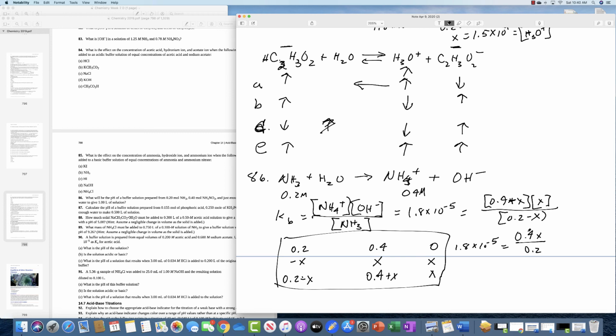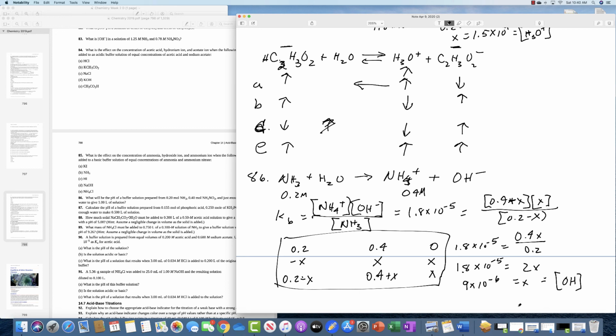Now we can just call this 2x is 1.8 times 10 to the minus 5, right? Because 0.4 divided by 0.2 is 2. And then we divide both sides by 2. This is now going to be 9 times 10 to the minus 6. And that is the hydroxide ion concentration.